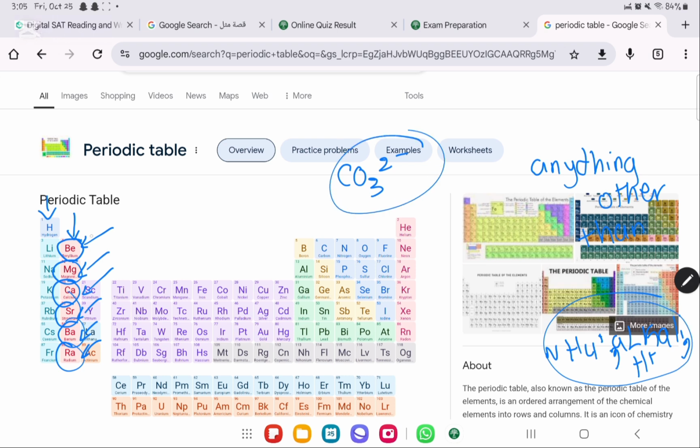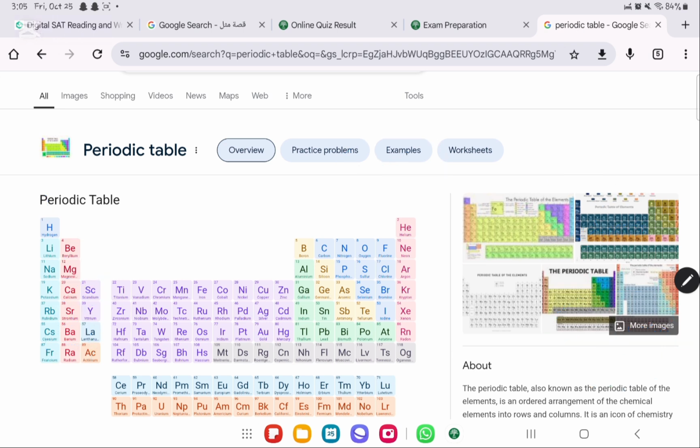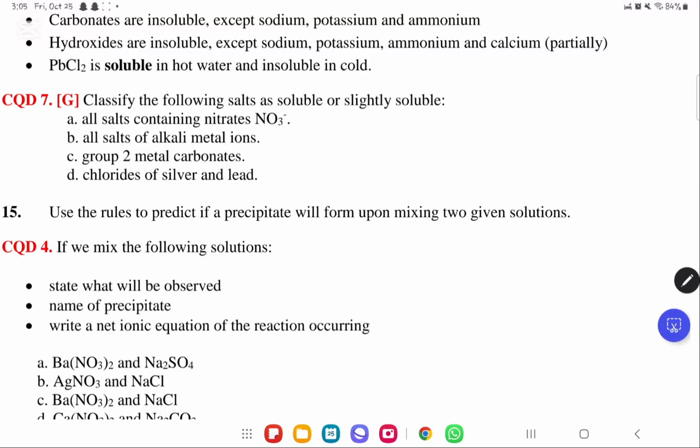So that means if we're talking about these and it doesn't contain any of these, then definitely it is insoluble, or it has a low solubility with the CO3 2 minus, which is carbonate. So again, we will come here and then we will classify this as slightly soluble.